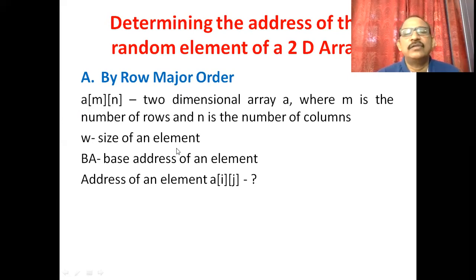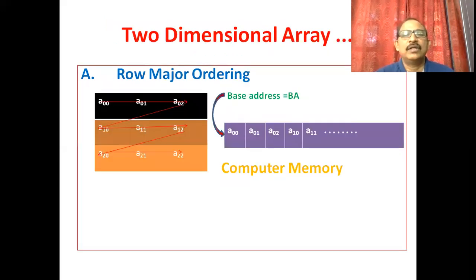W is the size of an element, BA is the base address, and we are interested to know the address of an element A[I][J]. There are two ways we can store the elements of two-dimensional arrays into computer memory: first is row major ordering and next is column major ordering.